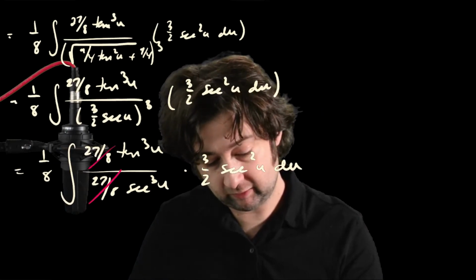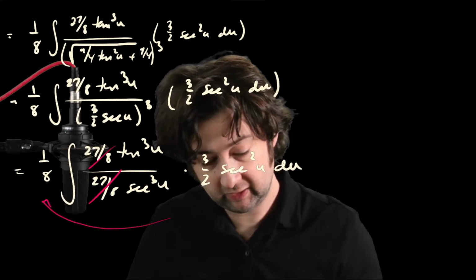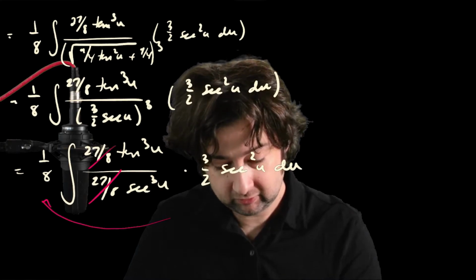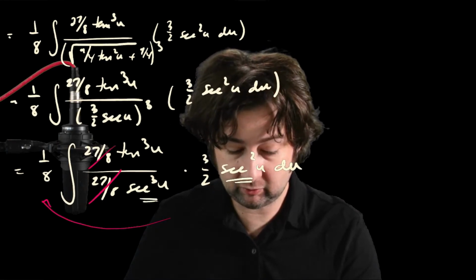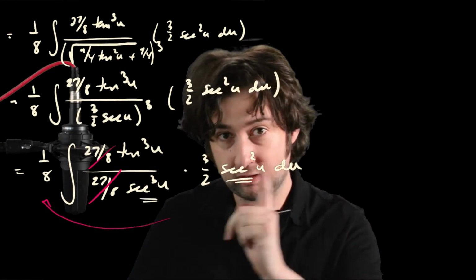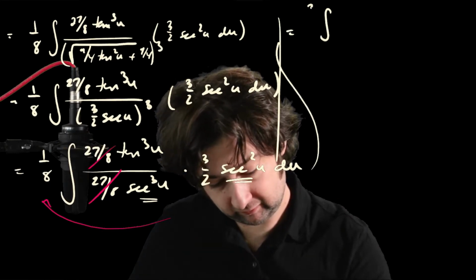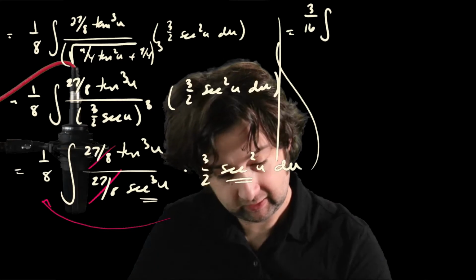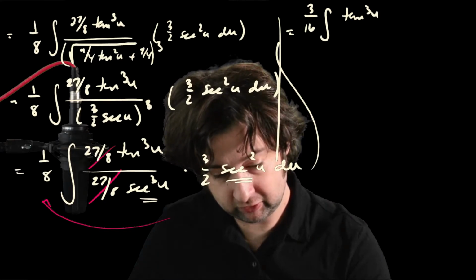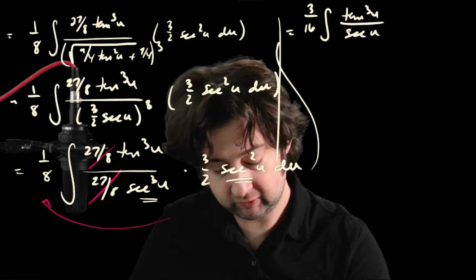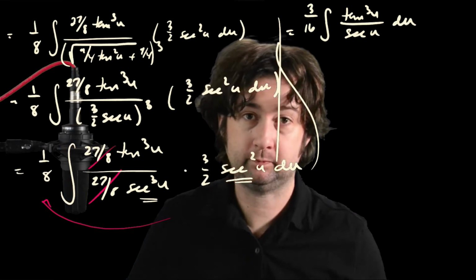And then I can take the 3/2 and stick it out here with the 1/8. And I can cancel 2 of the secants here with 2 of the secants down here because these are on top and these are on bottom. And that's going to leave me with the integral of 3/16, and I have a tangent to the third of u over a secant of u du.